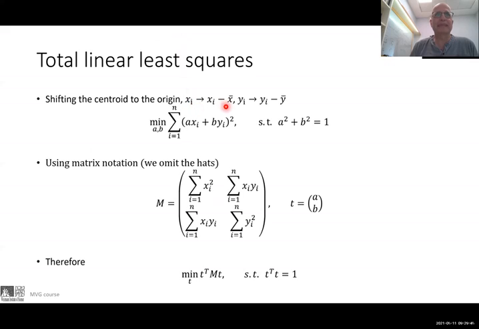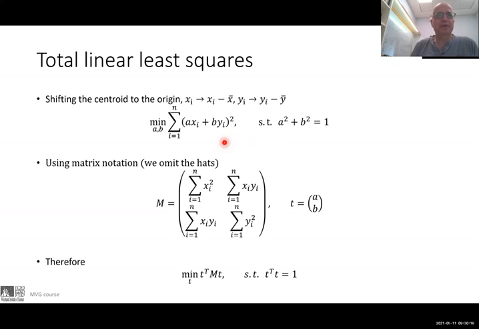The new xi is xi minus x bar, and the new yi is yi minus y bar. And now we change the problem to minimizing the sum of (a xi plus b yi) squared, where c is 0 in this case because the line should go through the origin, subject to the constraint that a squared plus b squared is 1.